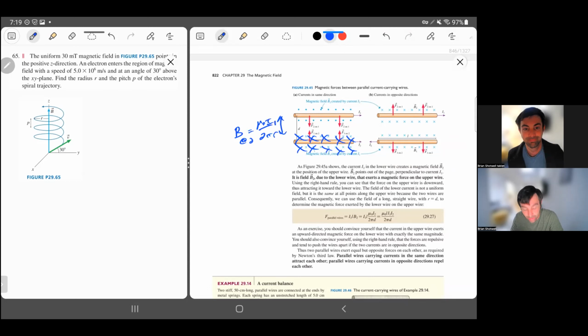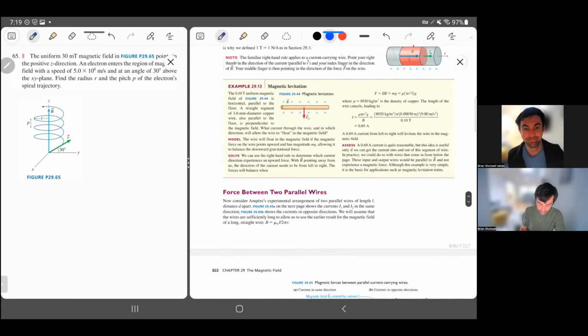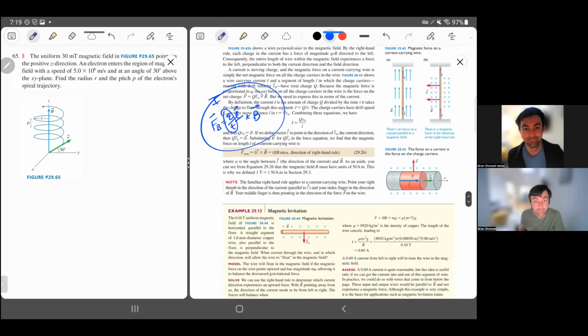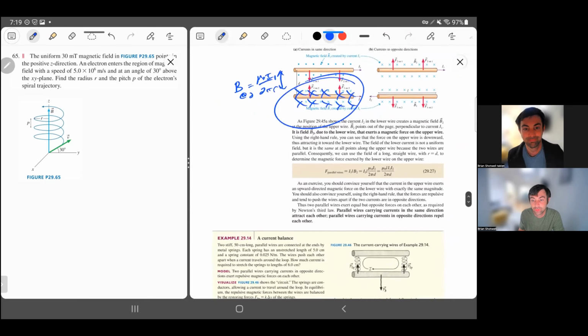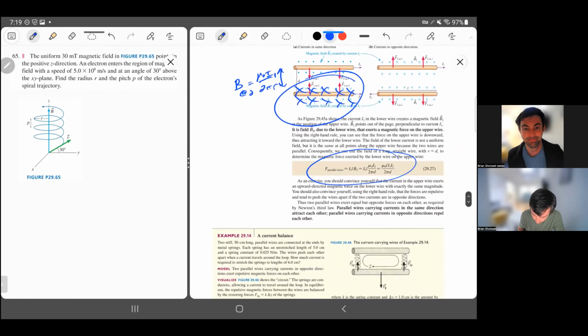Then you take the magnetic field at the location of wire 2 and plug it into this formula for I2. So the force on wire 2 would be I2, the length of wire 2, times the magnetic field at the location of wire 2, but due to wire 1. If you do that, you can prove the force between the parallel wires is this right here.